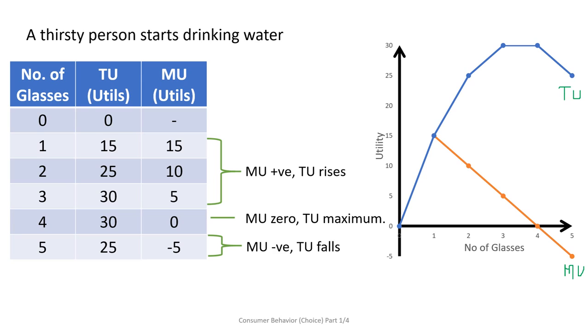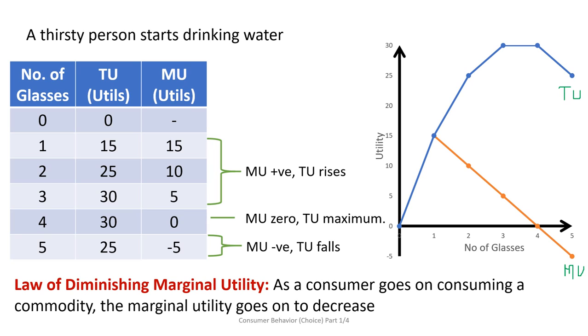From this, we can derive the law of diminishing marginal utility, which states that as a consumer goes on consuming a commodity, the marginal utility goes on to decrease, given other things remain the same.